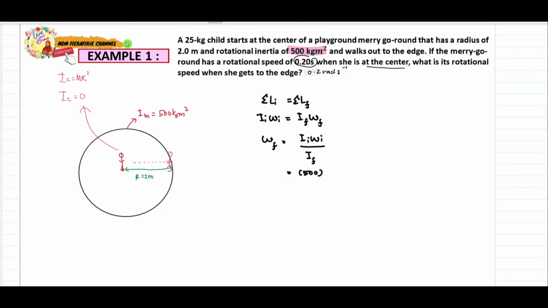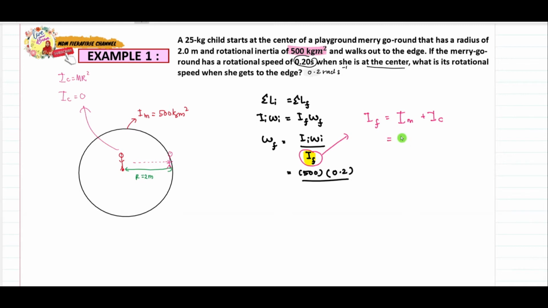Okay, and initial angular velocity, we can substitute here. It's given 0.2 radian per second, and I final. Now, we need to know what is the I final here. So we can calculate I final is equal to I of the merry-go-round plus I for the child.